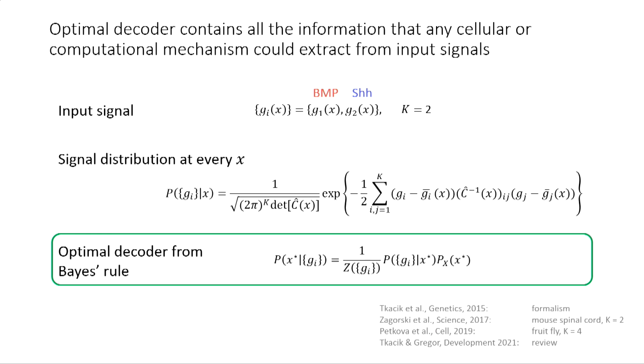We want to know what's the posterior distribution. So we want to know, given a specific concentration of the morphogen, what would be the most likely position that cell could take.